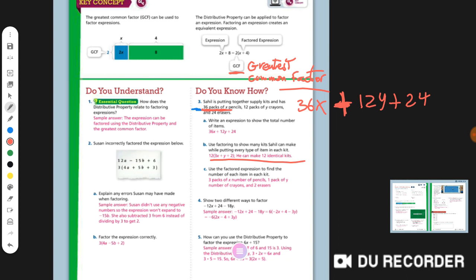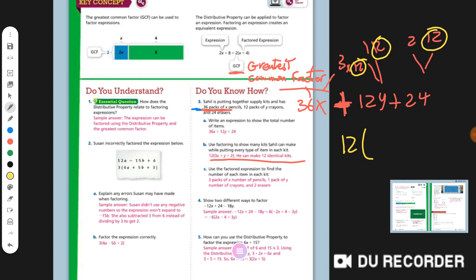How to factorize it? 24, I can write it as 2 times 12. What about 36? 3 times 12. So 12 is the highest common factor between them. I can take it out, 12. And by the way, how to take the remaining?